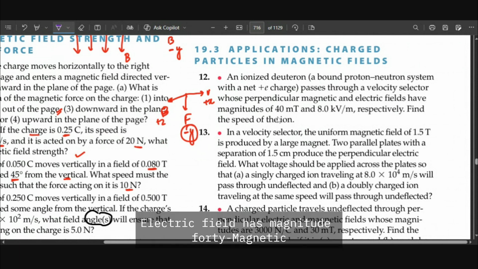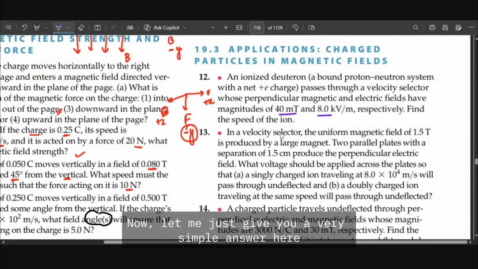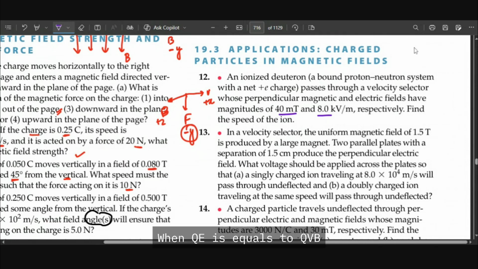The magnetic field has a magnitude of 40 millitesla, whereas the electric field is 8 kilovolt per meter respectively. Find the speed. Now let me give you a very simple answer here. When QE is equal to QVB, what does it mean?